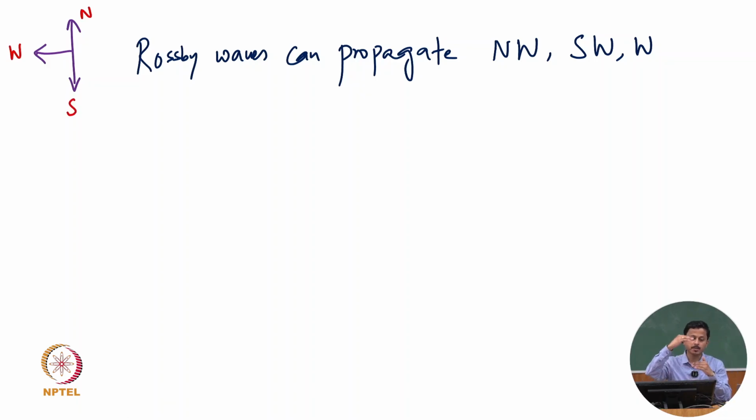Because the meridional velocity is indeterminate, it can be in both directions, whereas the zonal velocity is determinate, that is only in the western direction. It's always negative. Hence, this can propagate in northwestward, southwestward, and westward direction. This does not have an eastward component.